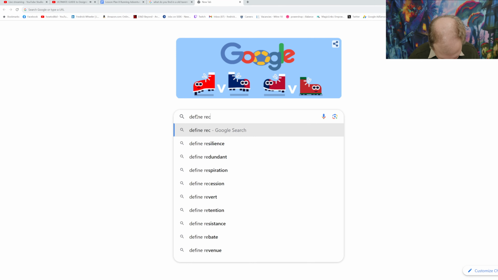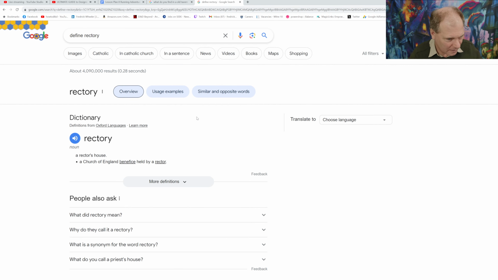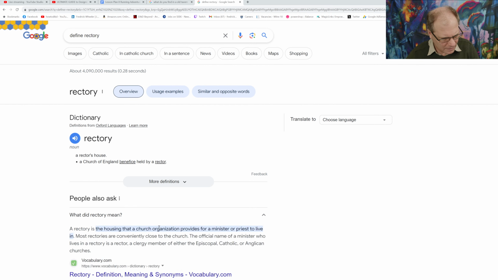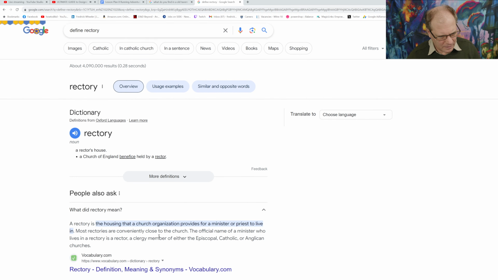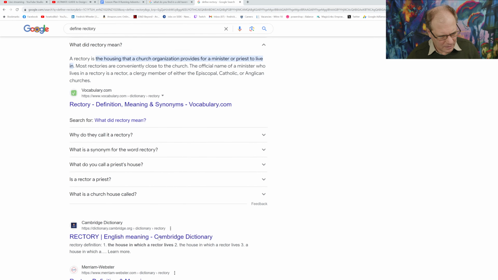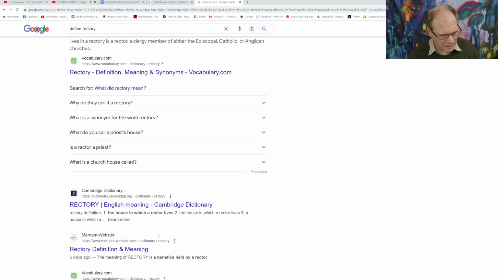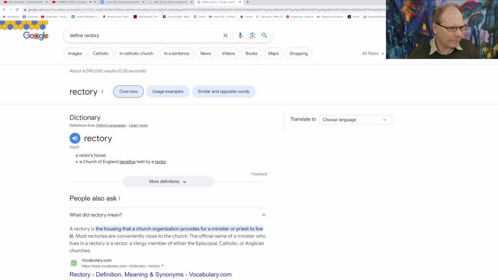And then you've mentioned, what is this? Define rectory. A rectory's a house, a church in England. Yes, what does that mean? Is it a house that a church organization provided to the minister? Oh, I see. Okay.